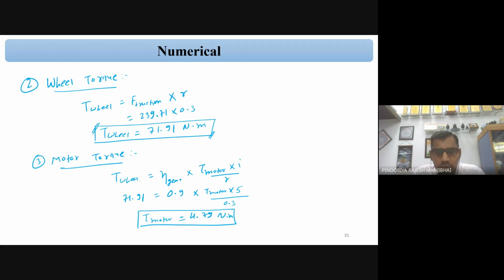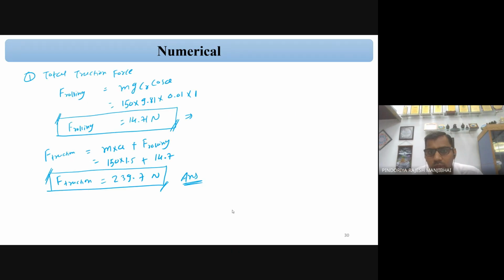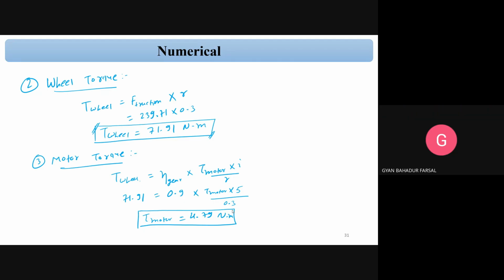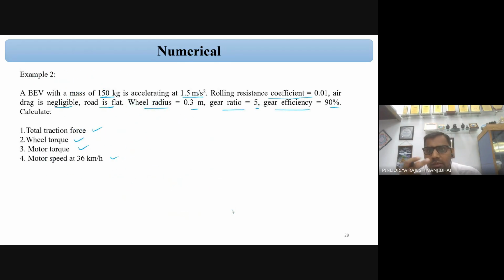I don't know, but as per the formula, the wheel torque is 71.91, the motor torque is 4.79, and the gear ratio is 5. With a gear ratio of 5, your speed is high. Maybe because of the gear ratio. That's why, because the gear is high, correct? Fifth gear.